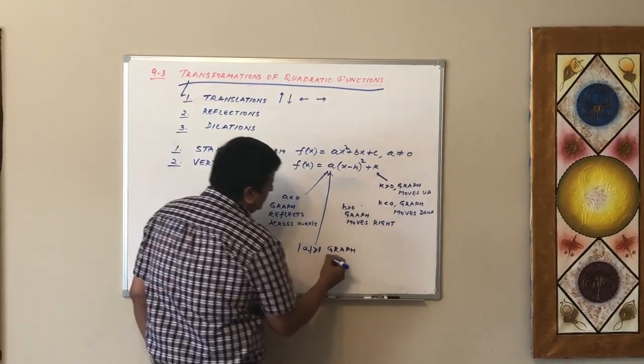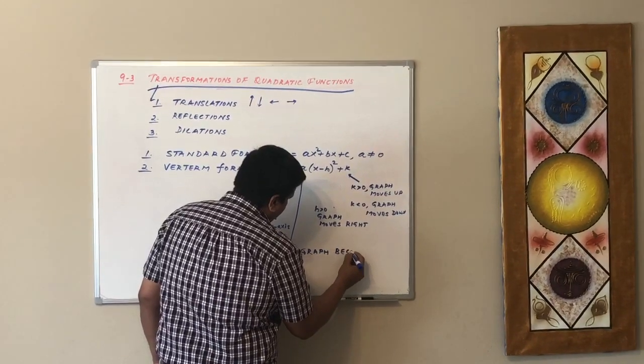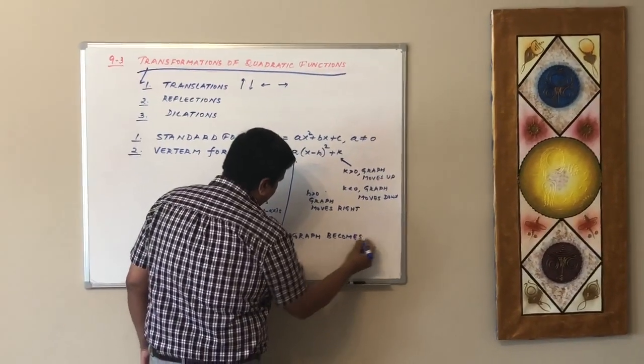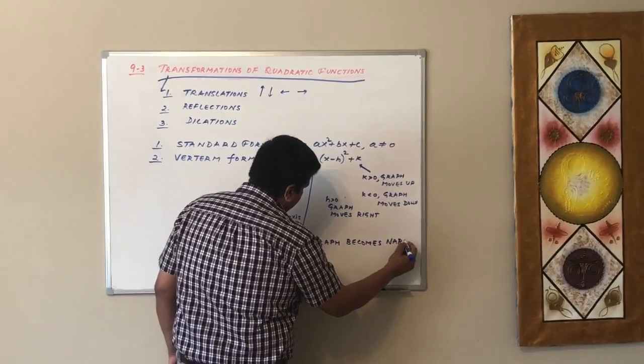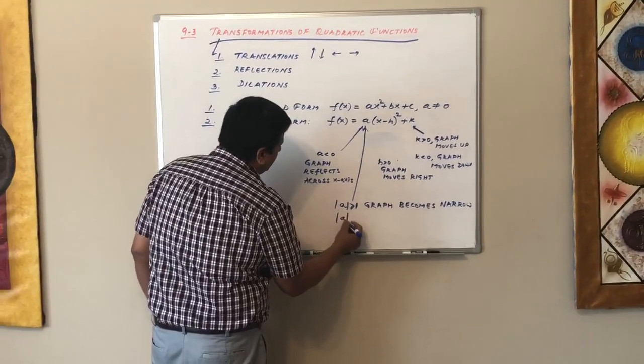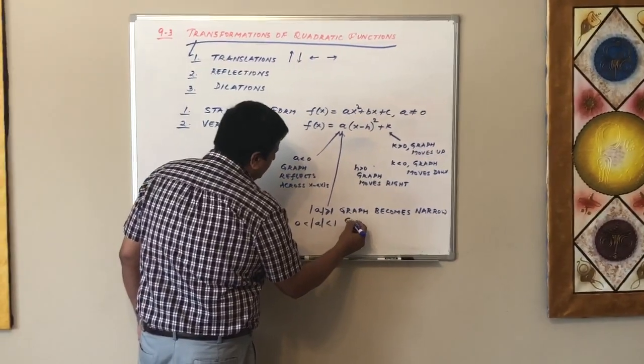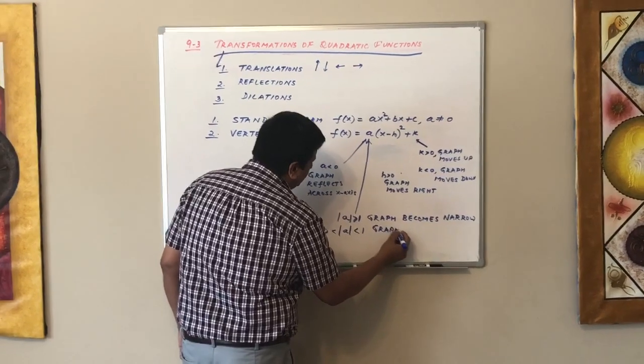That's a kind of dilation. And if the absolute value is between 0 and 1, then the graph becomes wider.